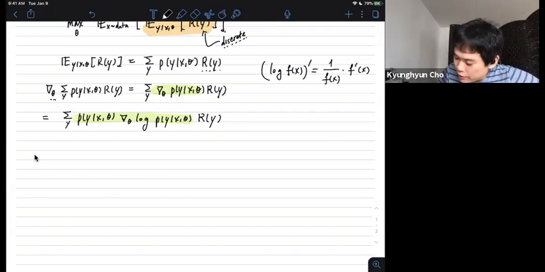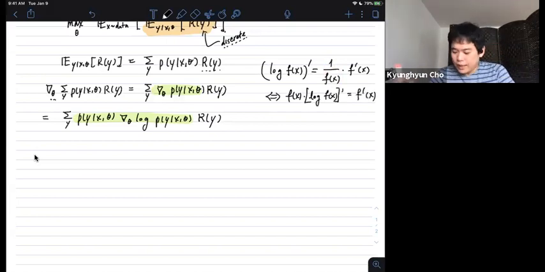And then now what we can do is move the denominator from the right-hand side to the left-hand side. That is, we're going to have f of x times the derivative of log f of x, and that's going to be the derivative of f. And then here, f of x corresponds to p of y given x and theta.